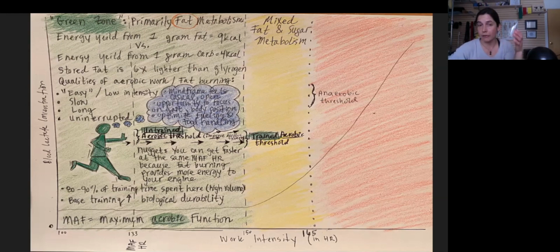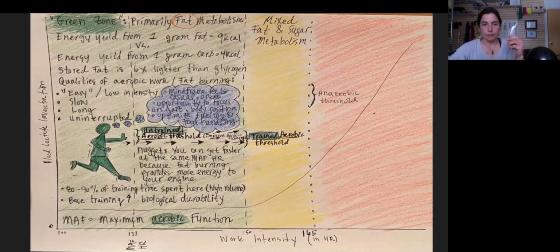That's why we have, what was it, the unit, 100,000 calories of fat versus 2,000 calories of glycogen, I believe, because of that efficiency of just weight and how it's actually stored in our body.